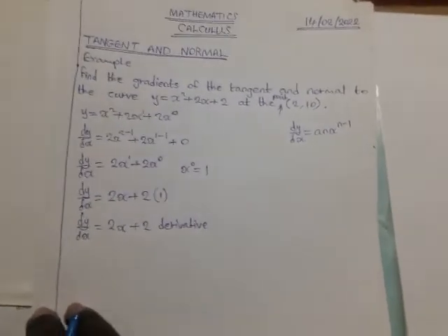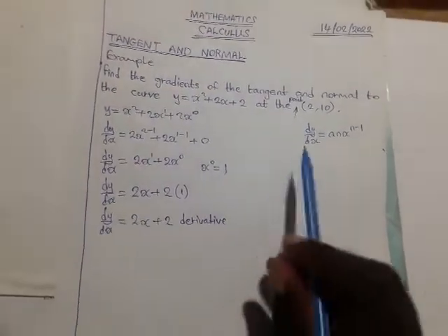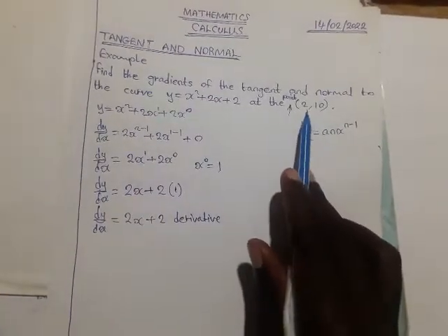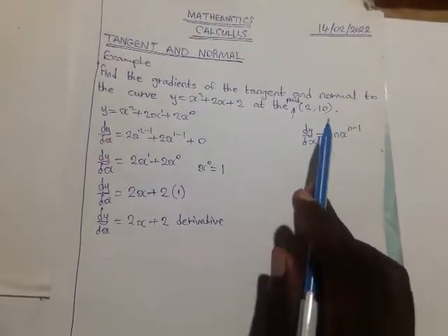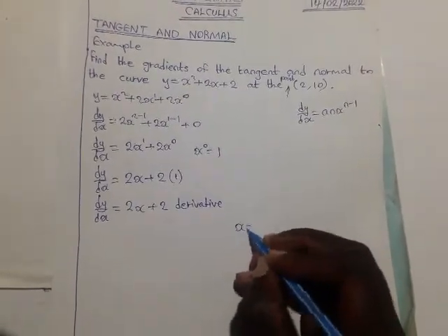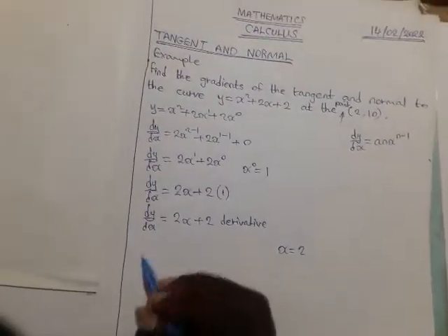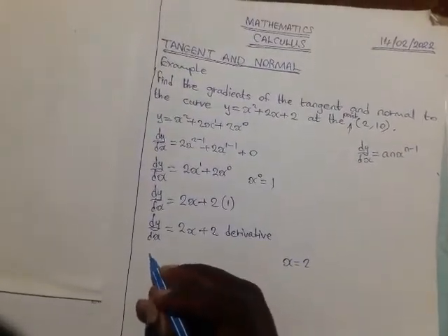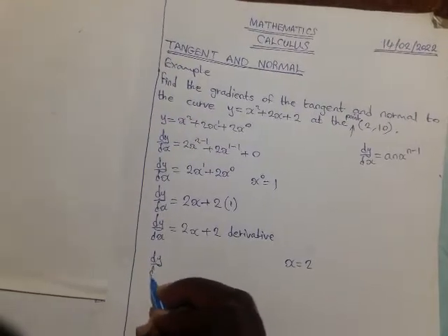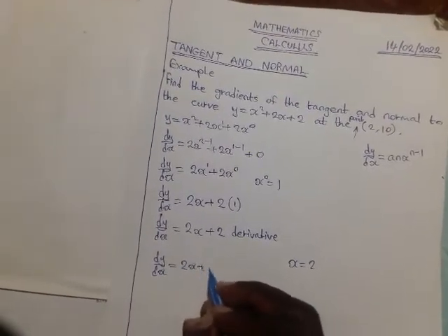So now you have to use the derivative together with the coordinates given. This time you should use the x coordinate, which is x equal to 2, and you pick the derivative. So dy over dx equal to 2x plus 2.